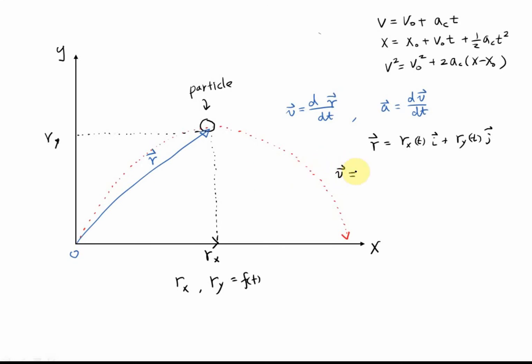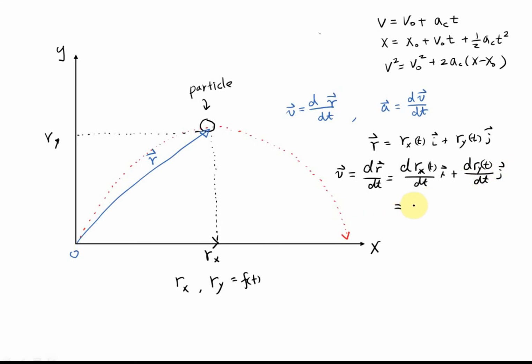In order to get the velocity, if you take the derivative dr/dt, then we just take the derivative of the rx component times i, and the y component of r times j.